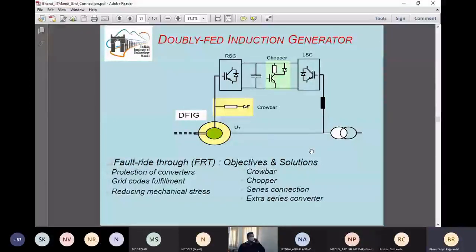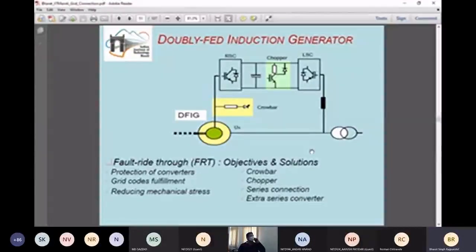And if required, the rotor side converter can send more reactive power to the rotor, and hence this rotor active and reactive power can go to the air gap and then to the stator and can be fed to the grid also.